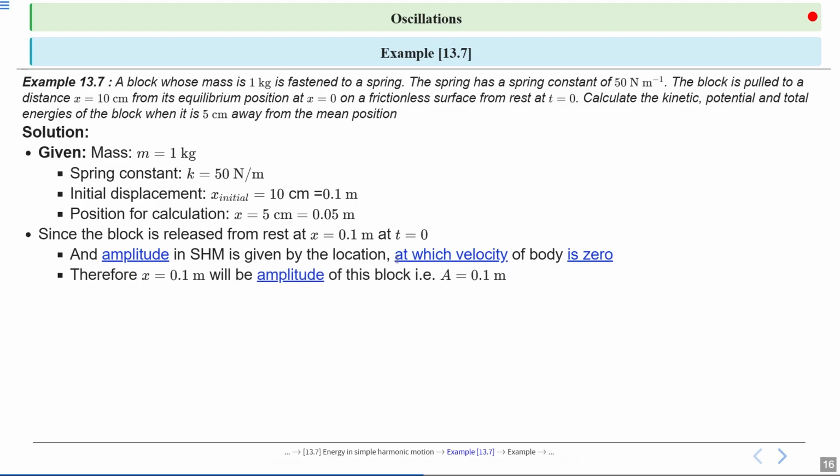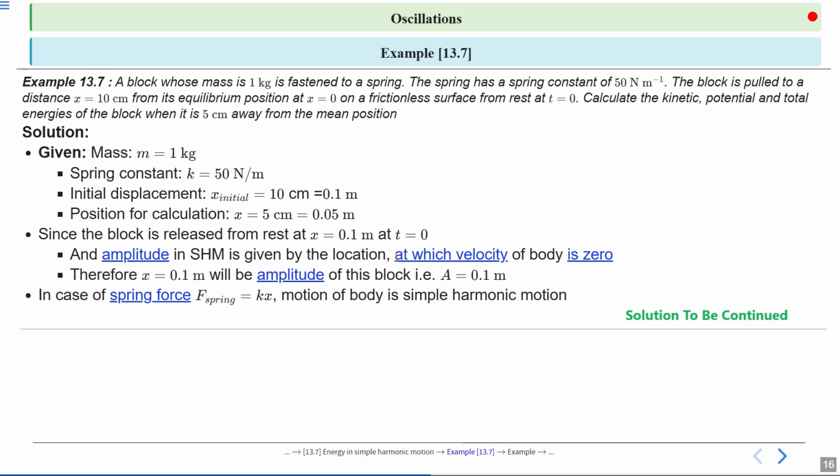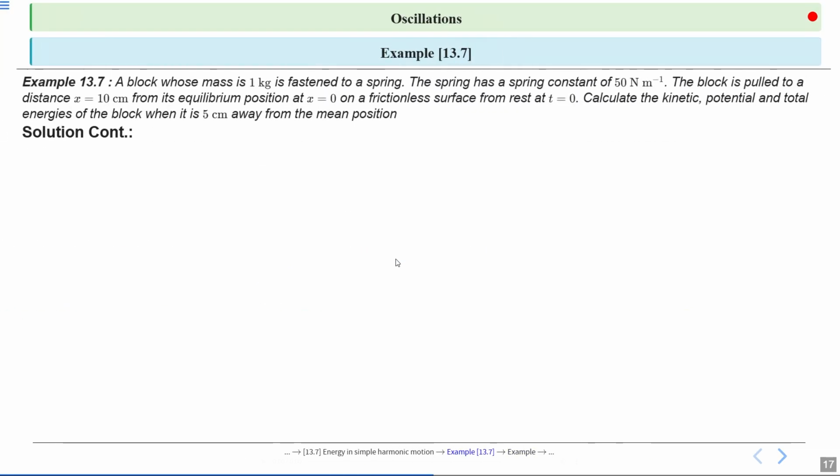Therefore, the amplitude A for this motion is 0.1 meters. In case of spring force, F is equal to kx, so the motion of the body is simple harmonic motion. This restoring force is what causes the block to move back and forth in simple harmonic motion.